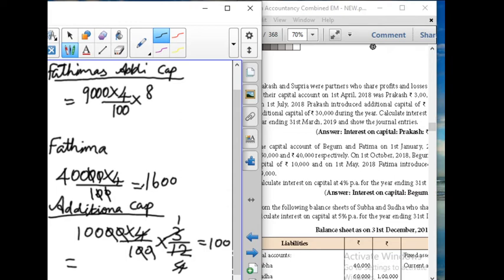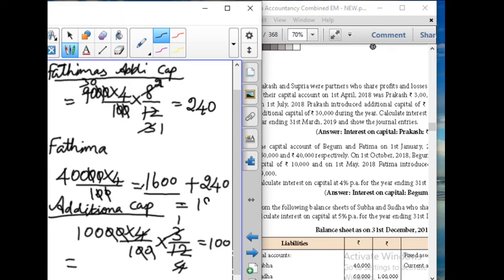So 8 months. 8 divided by 12. 2 fours are 8, 3 fours are 12. 0, 0, 0, 0, 1 three is 3, 3 threes are 9, 0. So 3 fours are 12, 12 twos are 24, 240. So Fatima's interest on capital is 1,600 plus 240. So totally Fatima's interest on capital is 1,840.